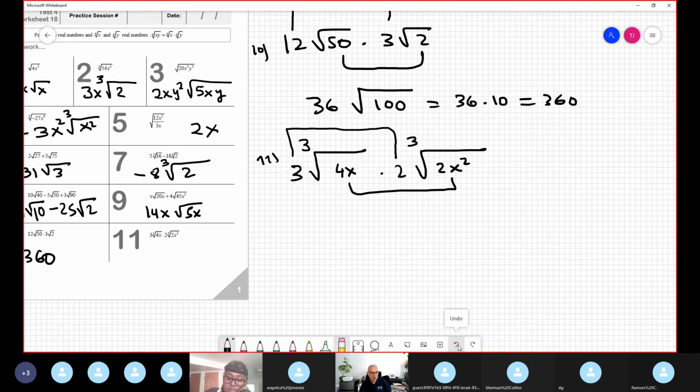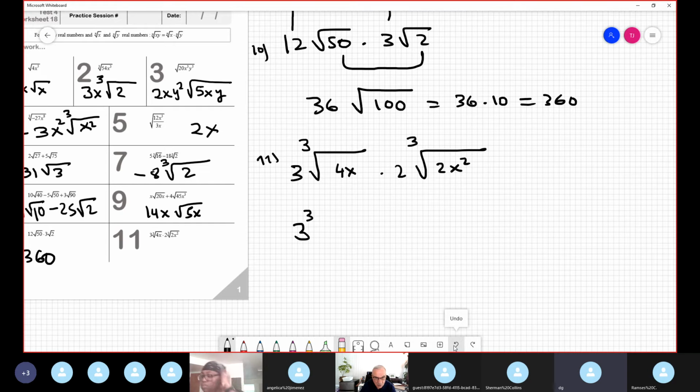This small 3 indicates the index of the root, so it's not 3 to the 3rd power. The small 3 is not really part of the number that we're working with. Exactly. Got it. Thank you.